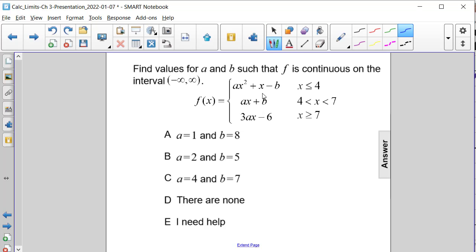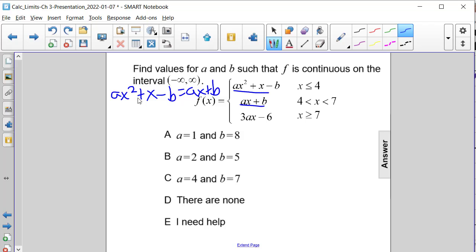So we can actually set these two pieces equal to one another. So we have ax squared plus x minus b is equal to ax plus b as one section, and it has to be true when x is 4.